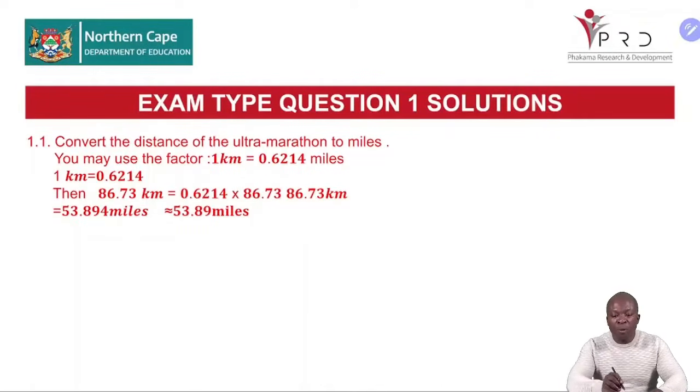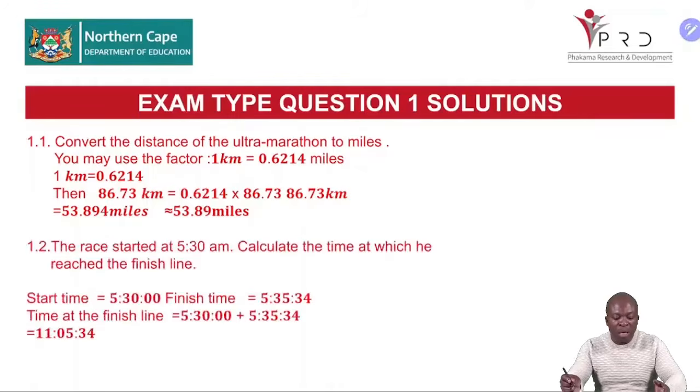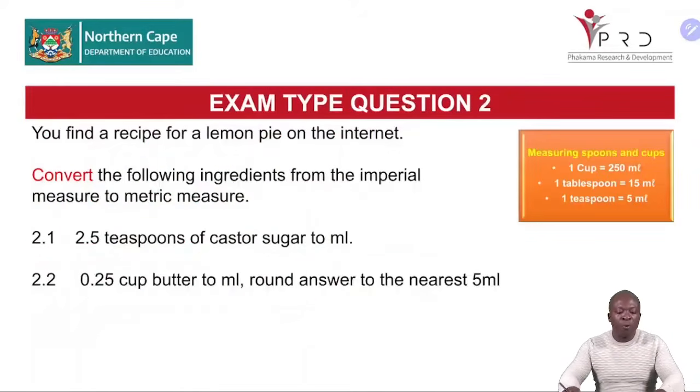I've already done these ones for you, so I'm just showing you how you get to do it. I hope you're following what I'm doing, my learners. These are the solutions, so you can just pause the video and have a look at the solution. I always prefer you do the question first, try it on your own, see if you were able to do it before you go to the next one.